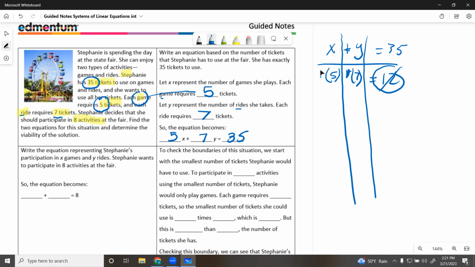Let me rewind. One game is 5 tickets plus one ride. That's supposed to be a 1 right there.